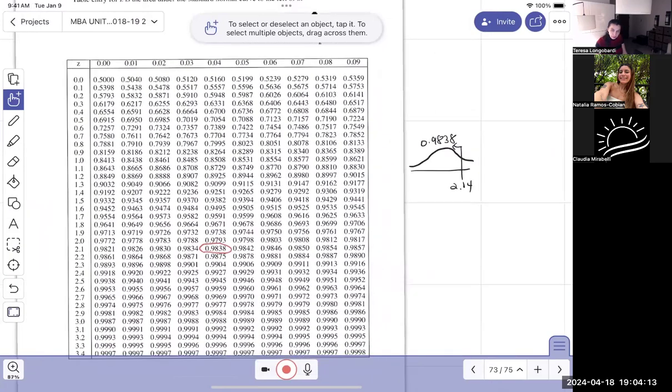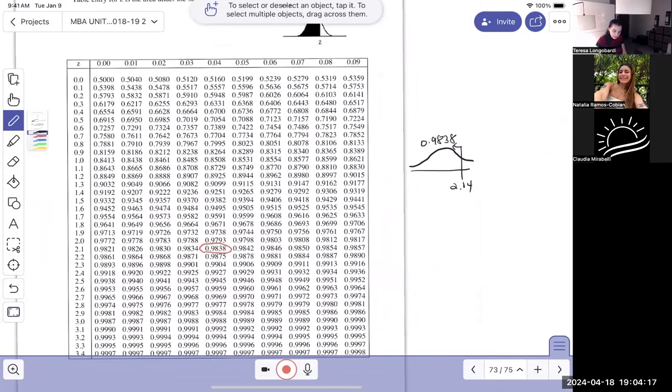So you get 0.9838. So that means to be greater on this side, it's 1 minus. And that should be the answer. So 0.0162.